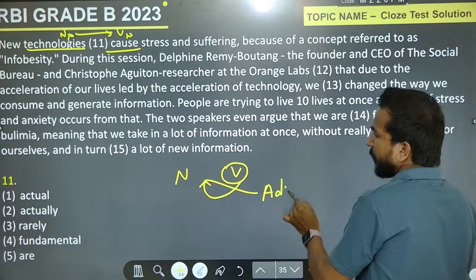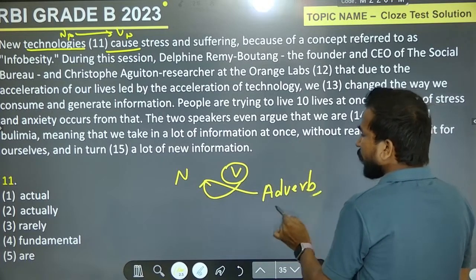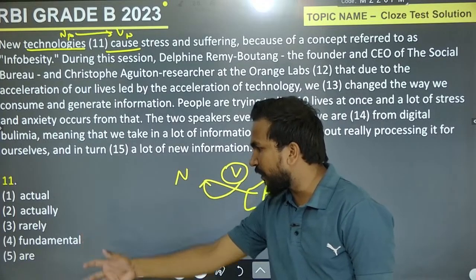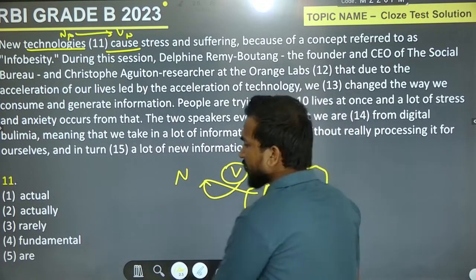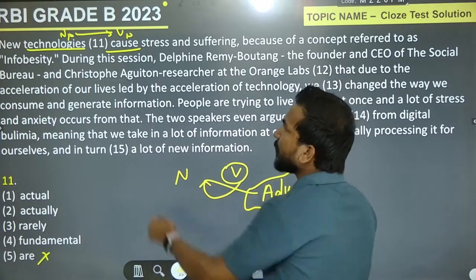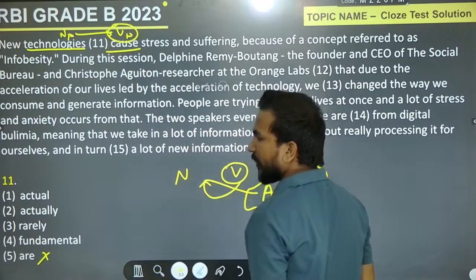Yes or no? If we are looking for the adverb, definitely there will be actual, actually, rarely, fundamental, or are. So it must not be the right one. The verb will not be there, because we have already used the verb.